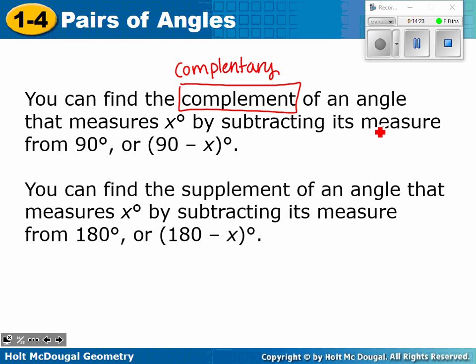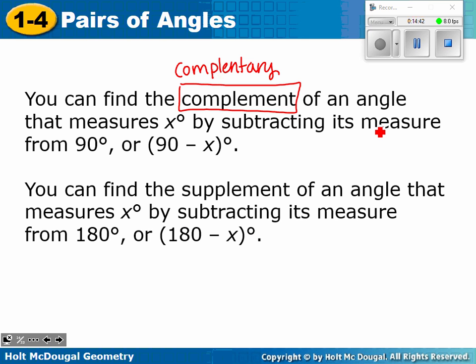Okay, so complementary means two angles that add to be what? 90. Complement is going to be one of those two angles. So if I have a 20-degree angle, what is the 20-degree angle's complement? 70. So it's the value that adds to it to make it 90, right? But that's a bad definition for complement because it will not help you when you get to the word problems.